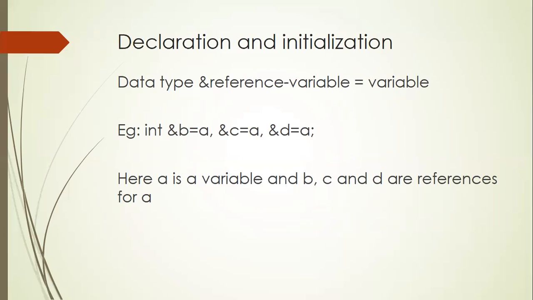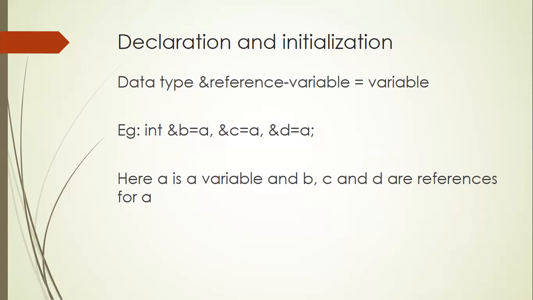For example, in ampersand B equal to A, A is a normal variable and B is its reference variable. Now A and B point to the same memory location. Ampersand C equal to A means C is also another reference variable for A only, and ampersand D equal to A means D is also a reference variable for A only. So in this example, the variable A has three reference variables B, C, D. The meaning is that A can be called with A, or with B, or with C, or with D, because all are reference variables for A only.